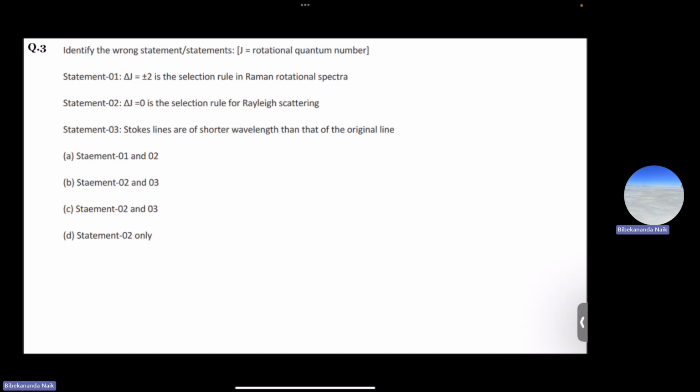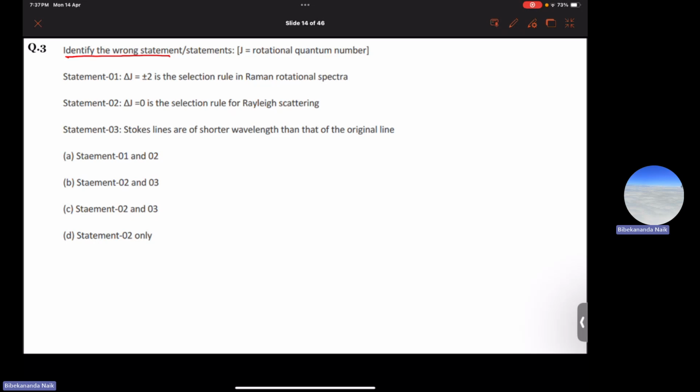So basically we need to identify the wrong statement. Option A is statement 1 and statement 2. Option B is statement 2 and statement 3. Option C is statement 3 only, and option D is statement 2 only.